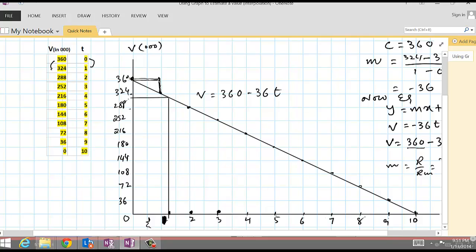So 320, that's almost 1/4 of the box there.